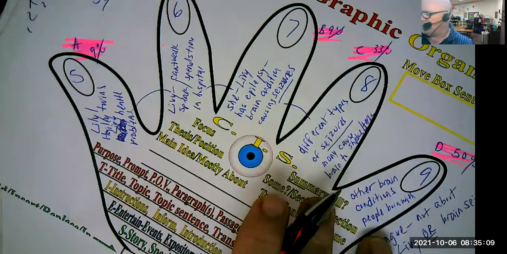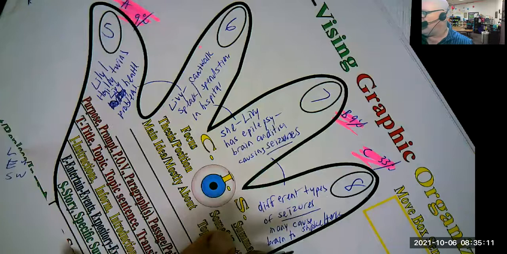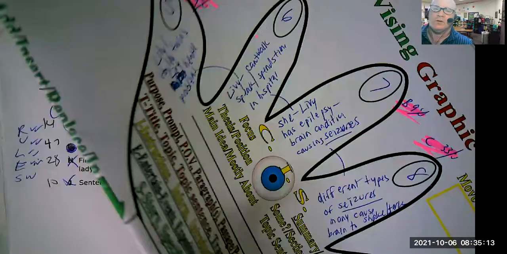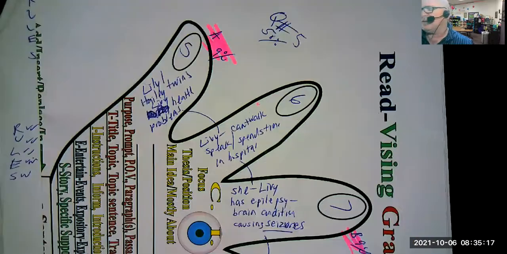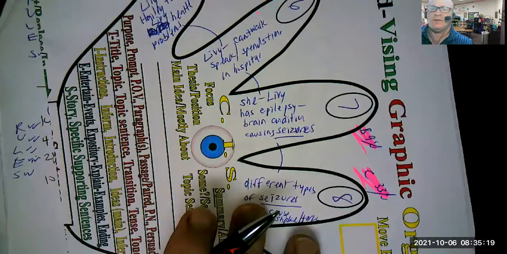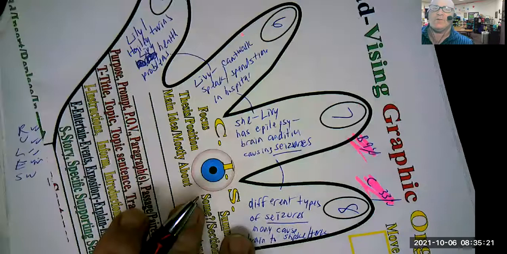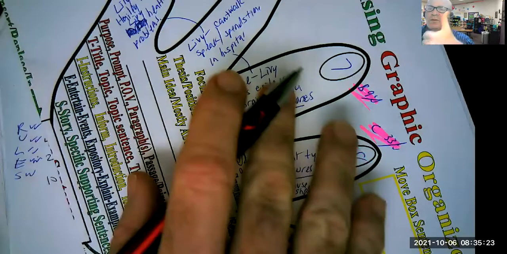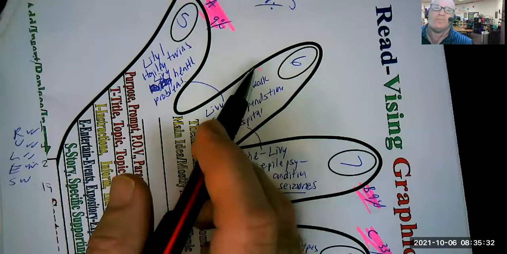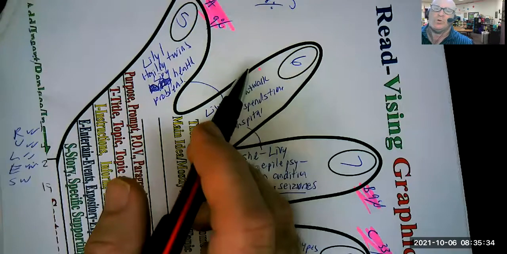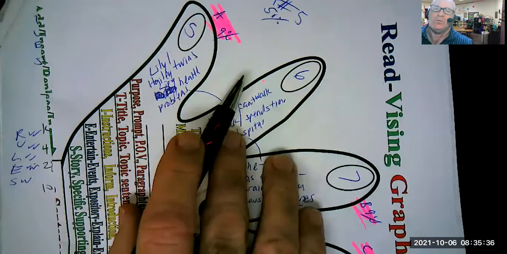And so I went ahead and wrote down the hashtag keywords of sentences 5, 6, 7, 8, and 9. This is an entire paragraph. So what we would call the thumb, the topic sentence, and the other fingers, the specific supporting sentences, the ones that go with it. So we're going to eliminate one of them.